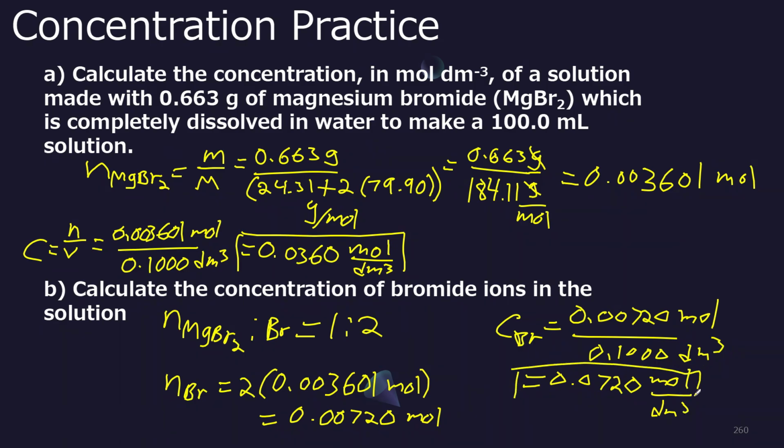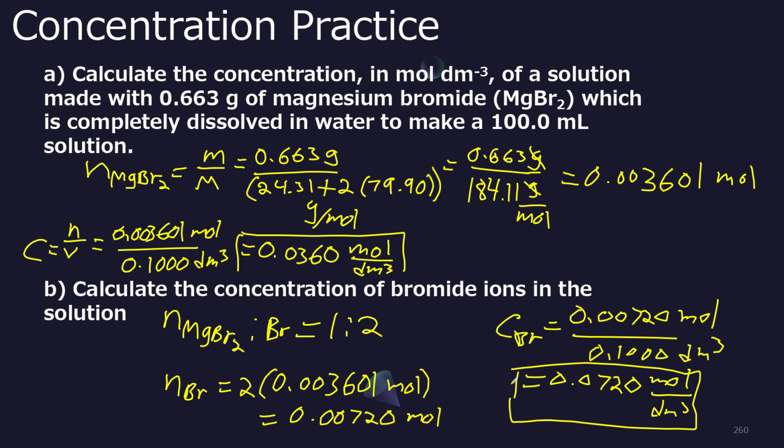Final answer for part B. Okay, and it should be exactly double the concentration of MgBr2. And that's all because one molecule of MgBr2, not really molecule, but an ionic unit, dissolves and releases 2 particles of Br. That's why.